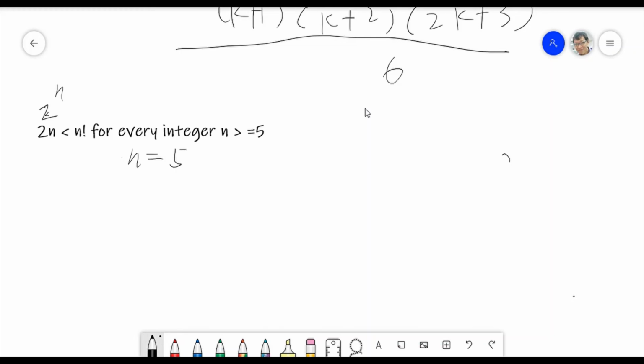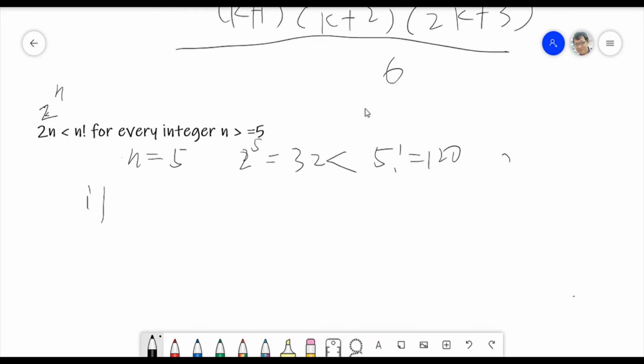When n equals 5, 2 to the 5th power is 32, and 5 factorial is 120. So definitely this is smaller, right?